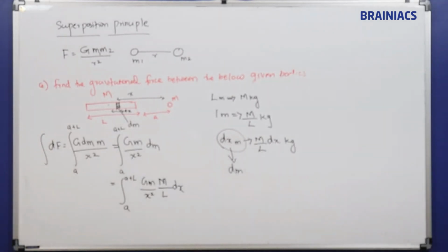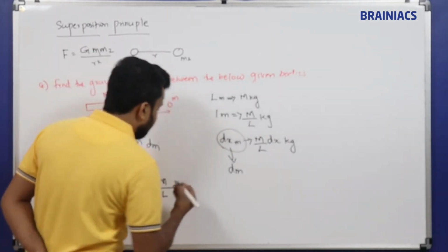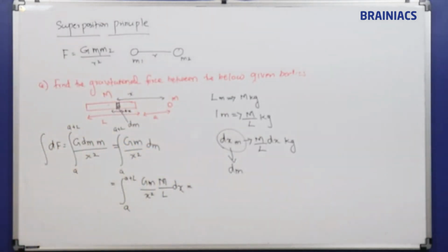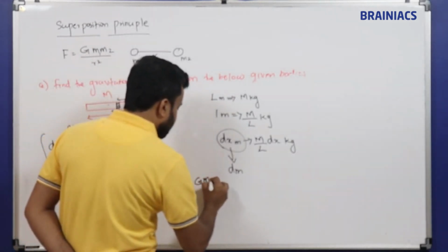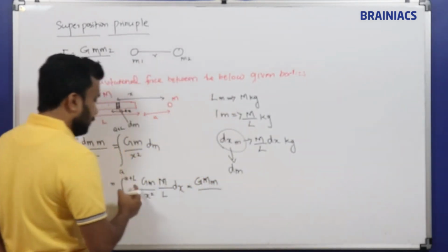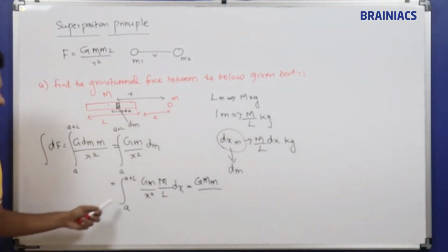Hope you understood how we get M by L into dx. Now we'll further simplify these steps. What terms can we take out of the integration? G is common, capital M is the same, small m is the same in the numerator, and L in the denominator.